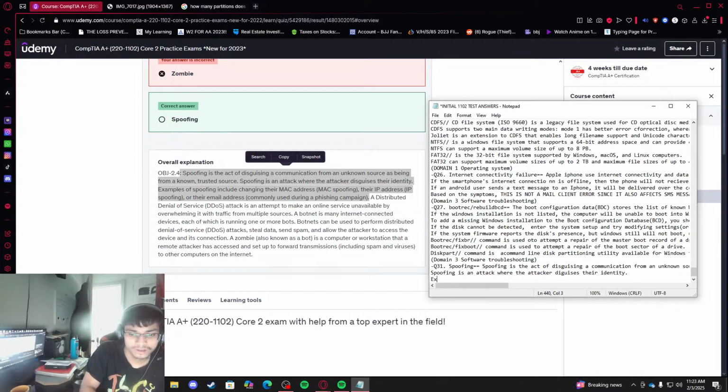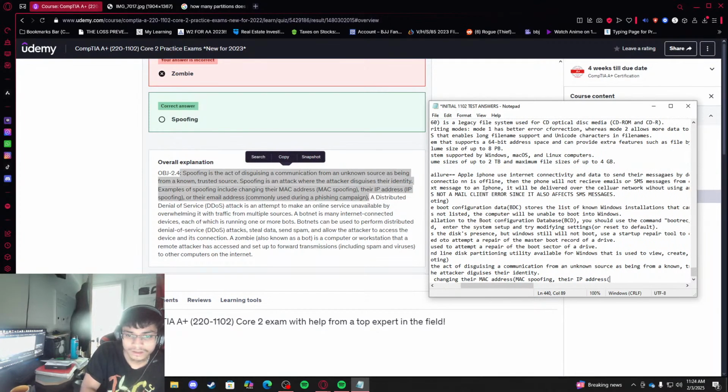Examples of spoofing include changing their MAC address, IP spoofing.